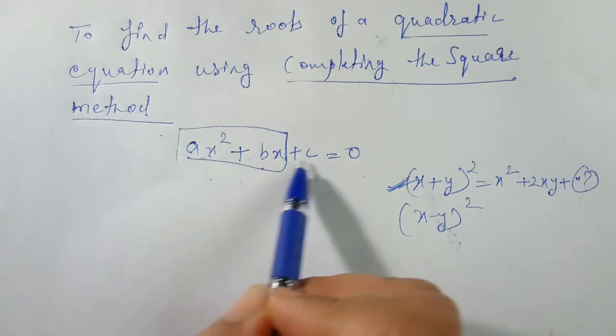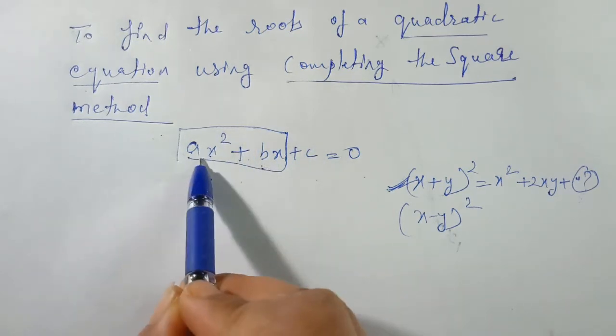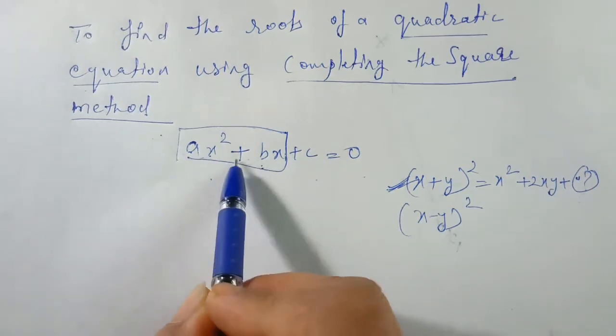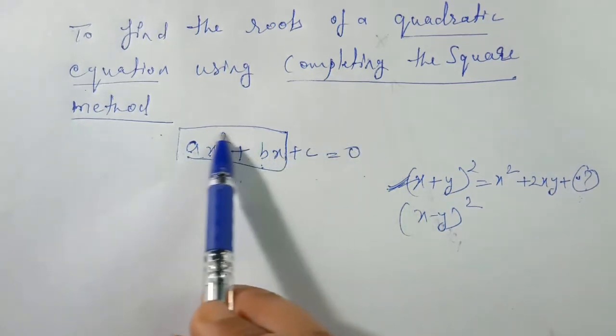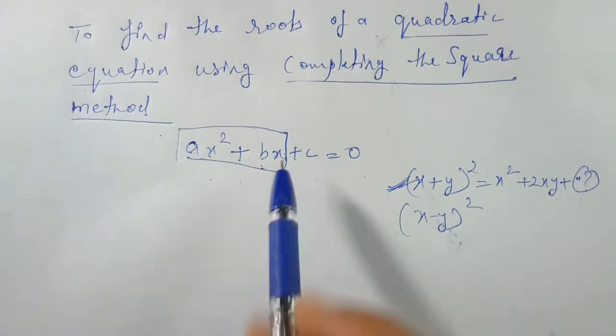What you have to do, you have to first make a little change in the given quadratic equation. You have to make the coefficient of x square equal to 1. It means whatever the coefficient is over here, you have to divide the whole equation by that term.